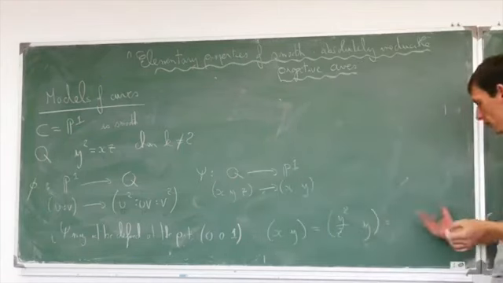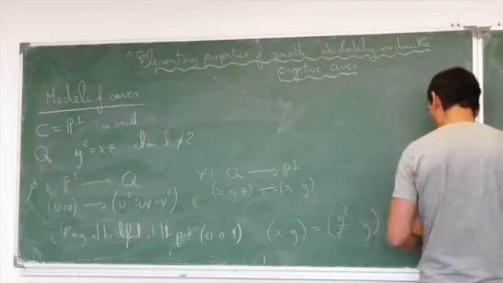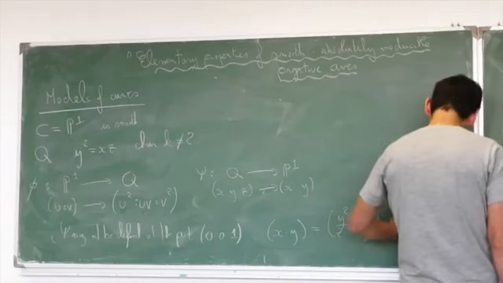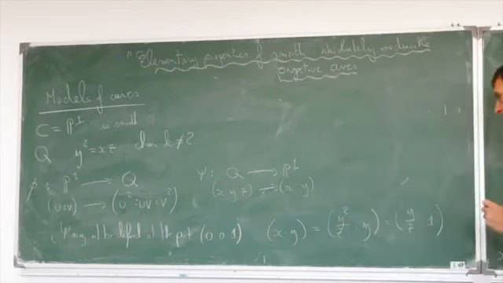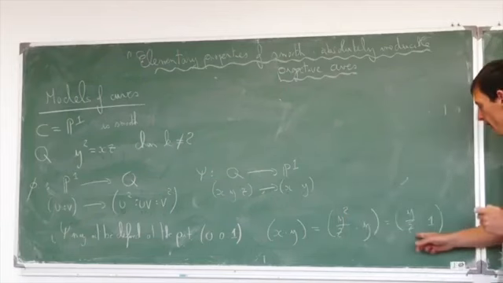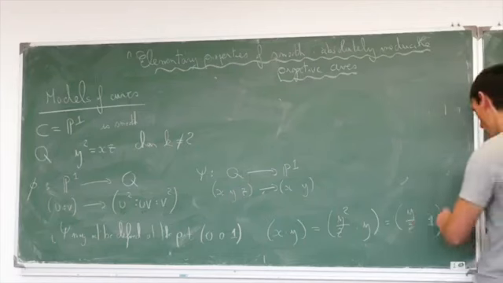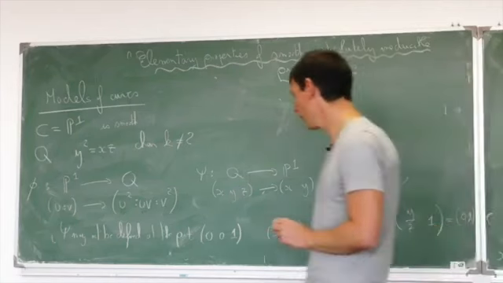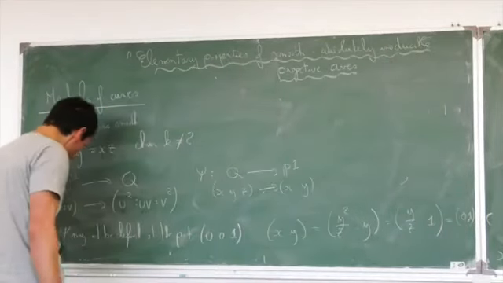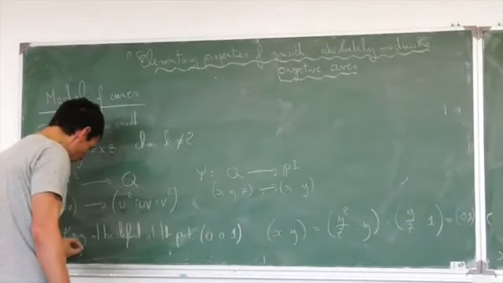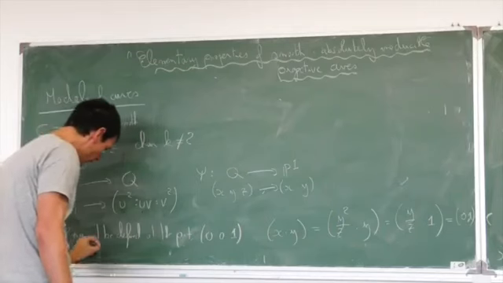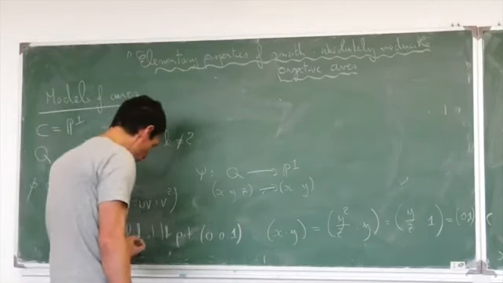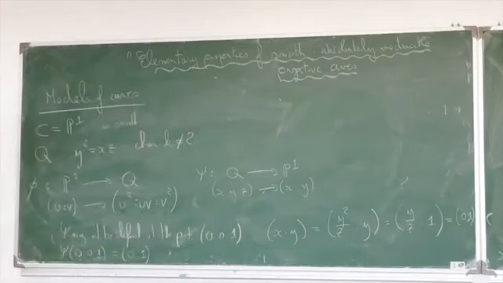And now I can eliminate y on both sides to get (y over z, 1). And now I can replace z by 1, y by 0 to get the point (0, 1). So what I have proved is that C is defined at (0, 0, 1), and the image of this point is the point (0, 1). Okay.